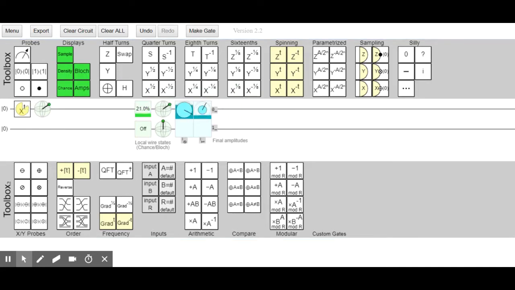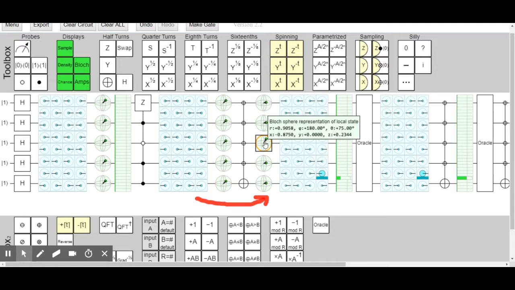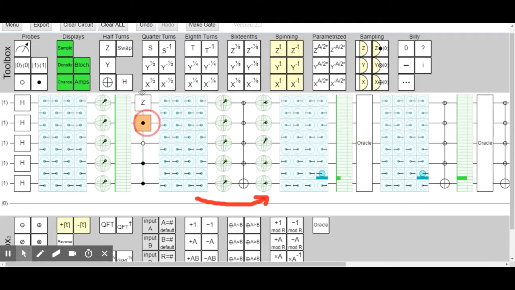So the amplitudes are changing. No, because I was kind of thinking, for some reason, it seems to be rotating along these. Okay, but let's think about the fact that this is rotating. This is not an x-axis rotation. It's actually negating the x-axis. So it's effectively a Y rotation.